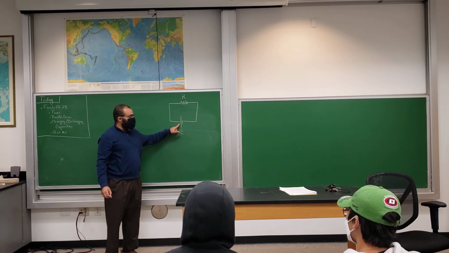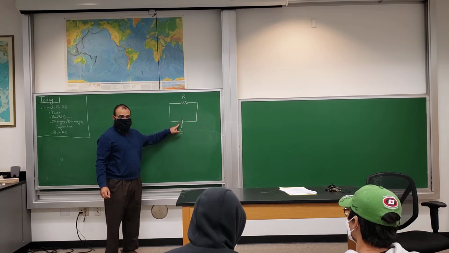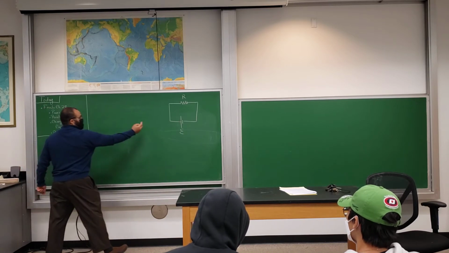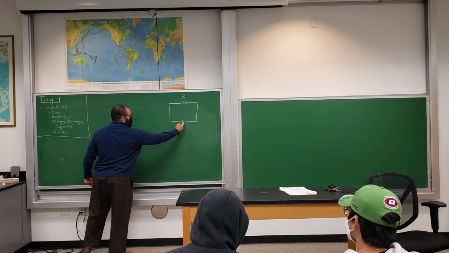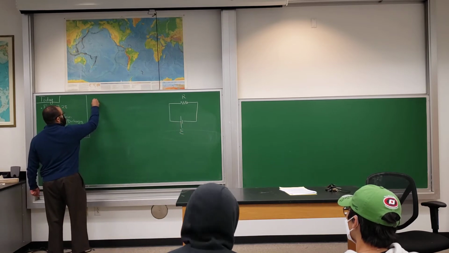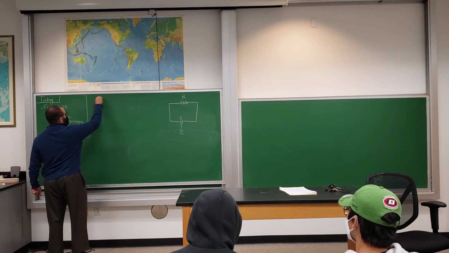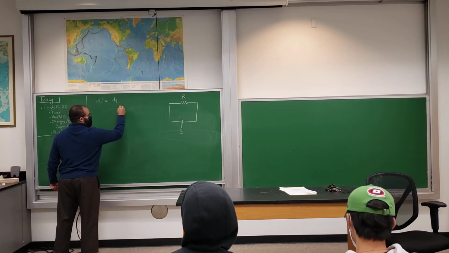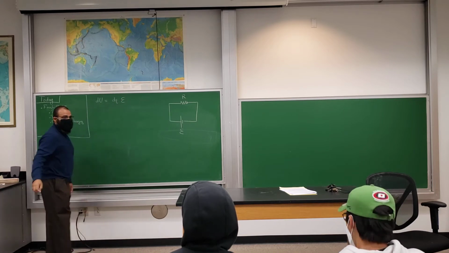Well, it will take what? Q times the voltage, right? So the amount of energy given by the battery to move a positive charge from here to here will be, we can call it dU from the battery, and it is equal to dq times the voltage from the battery, right?